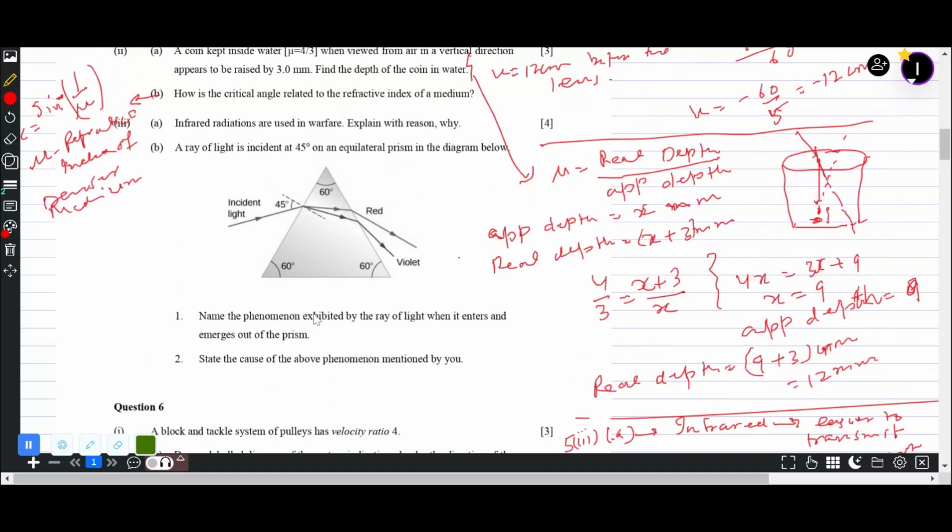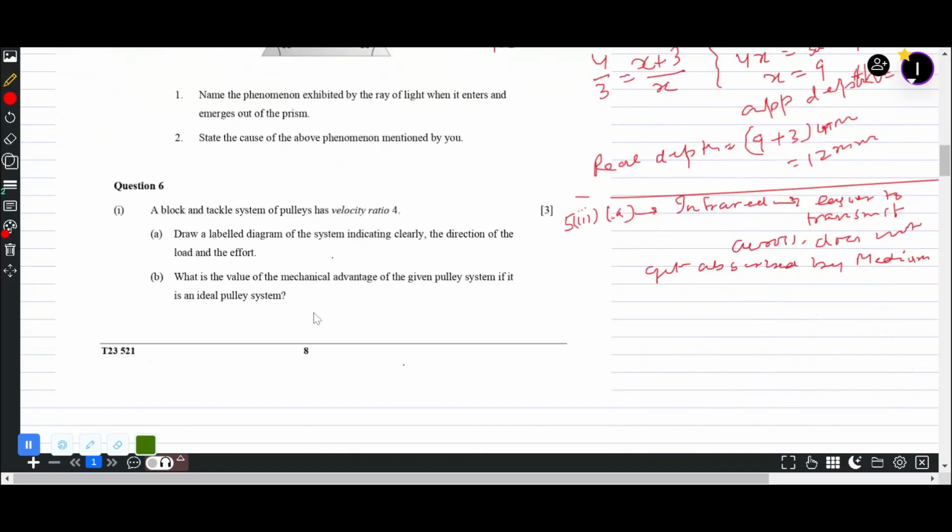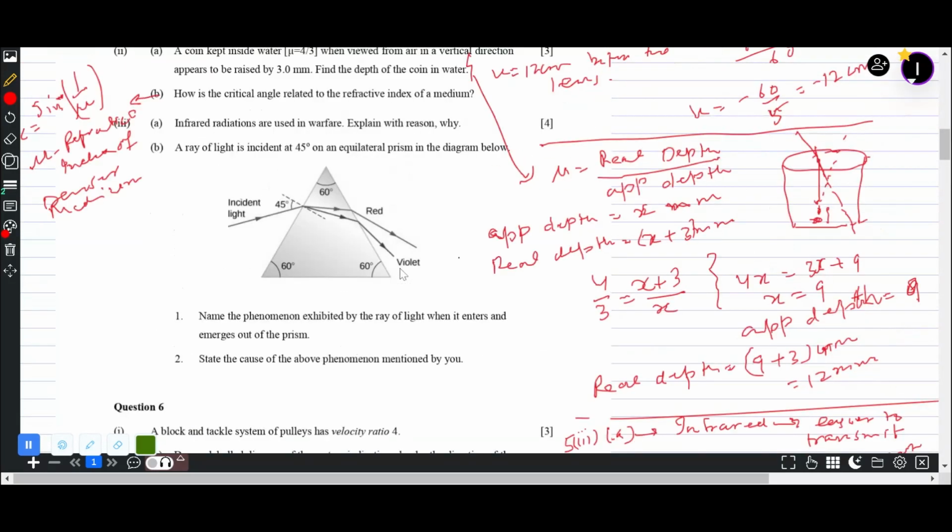The second reason is that infrared does not deviate much with the medium. It doesn't get absorbed by the medium, and cuts through the medium easily.